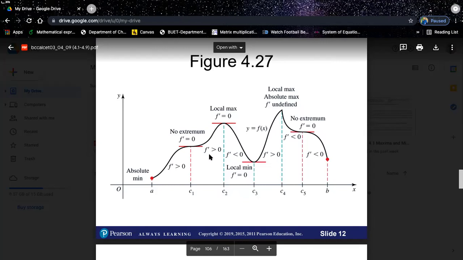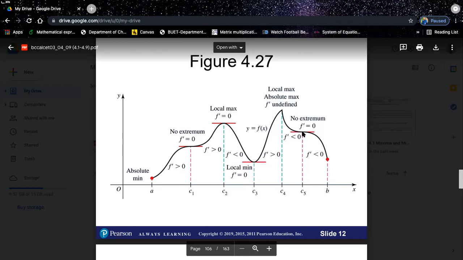And how many critical points do we have? Let's see. We have 1, 2, 3, 4, 5 critical points. And at these critical points, we'll see that something is definitely happening.